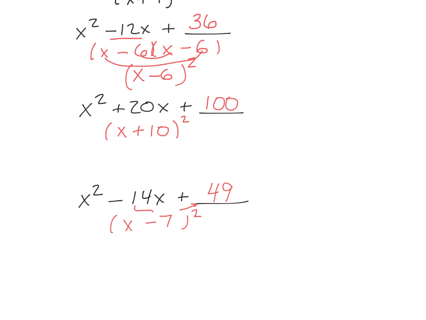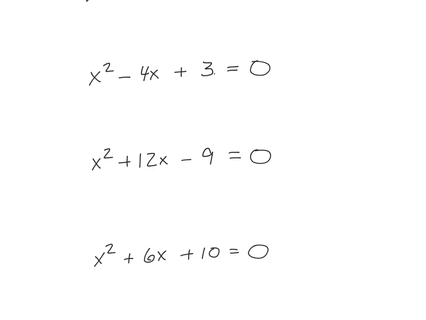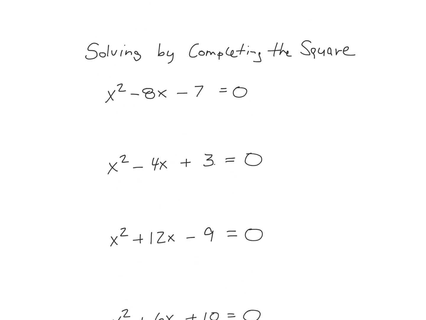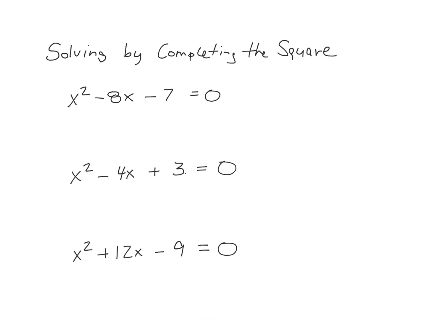All right, so how does this help us? When we're solving a quadratic by completing the square, the first thing we're going to do is get rid of this c value. So I'm going to add 7 to both sides. I'm going to leave a space there because I'm going to complete that square.